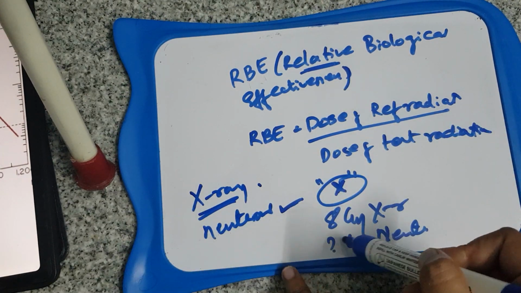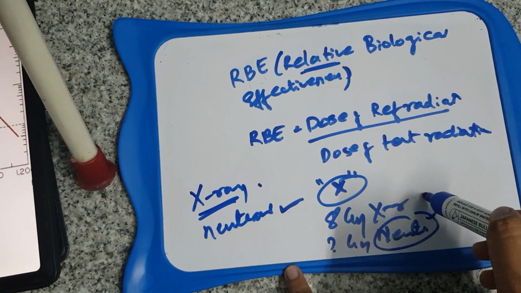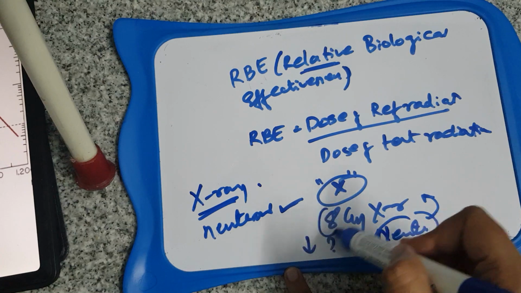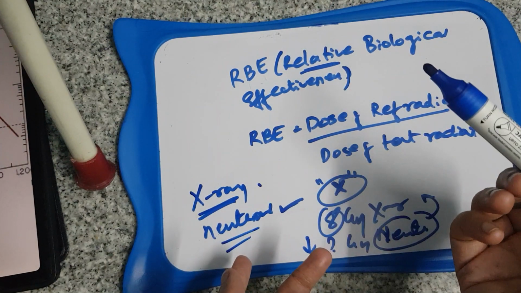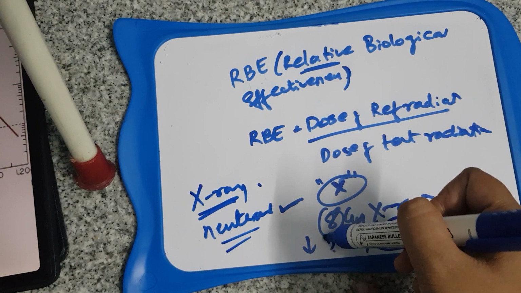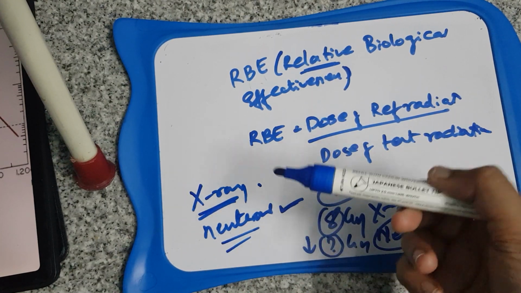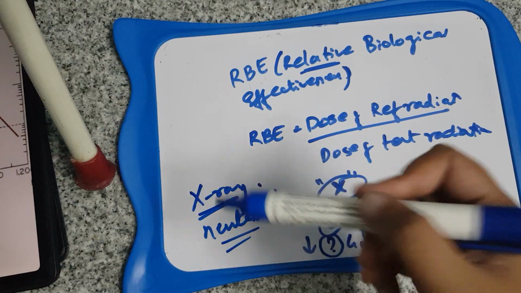Logically, the amount of neutrons required will be lesser compared to the X-rays, because neutrons are more densely ionizing. So you will need a lesser amount of neutrons to produce the same effect.